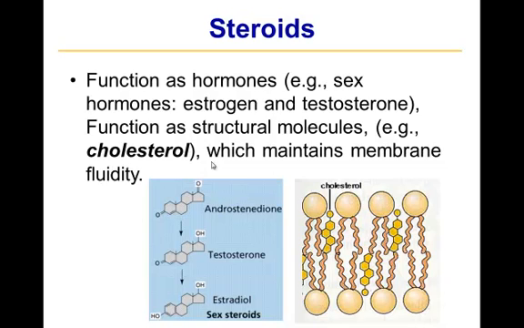No one has ever died from a shortage of cholesterol, because animal cells can make a sufficient amount of cholesterol. We can see, if we look at this picture on the lower right here, this should look somewhat familiar. These spheres are the phosphate heads of phospholipids. This is a cell membrane, and it's showing cholesterol that's stuck inside there.